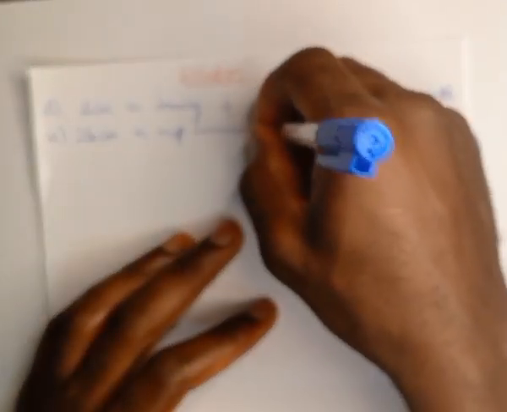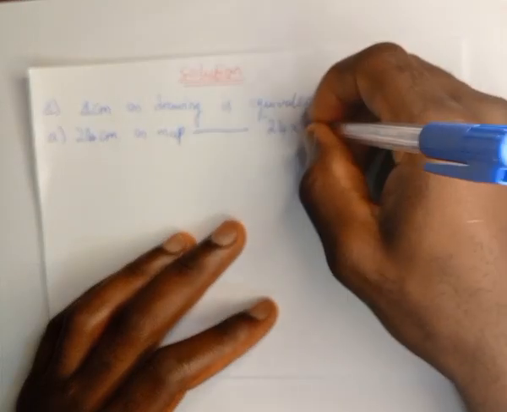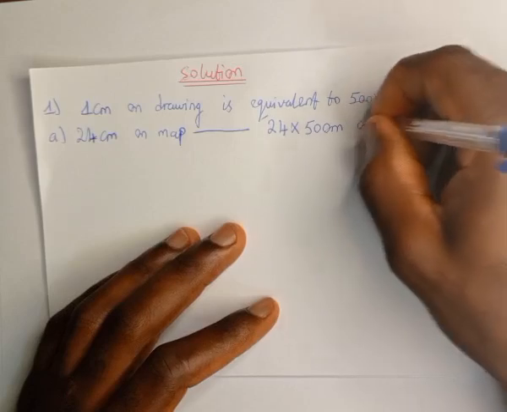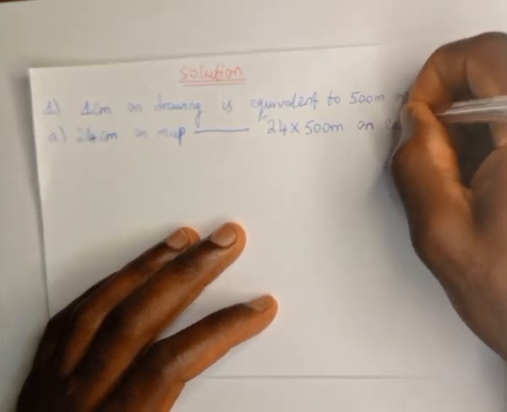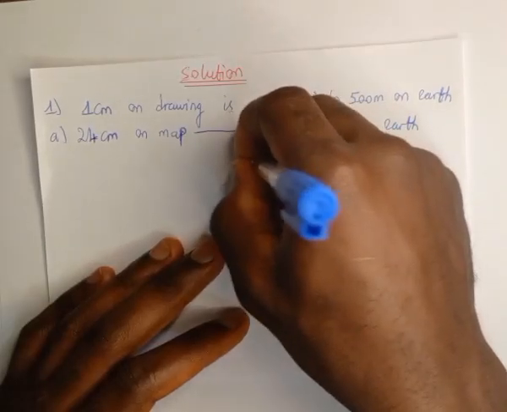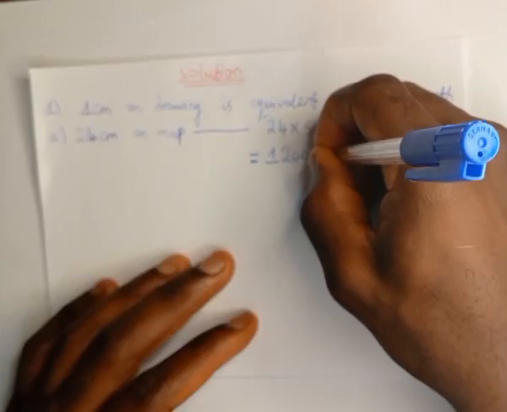We can take 24 times 500 meters on Earth, and this will simply be equal to 12,000 meters.